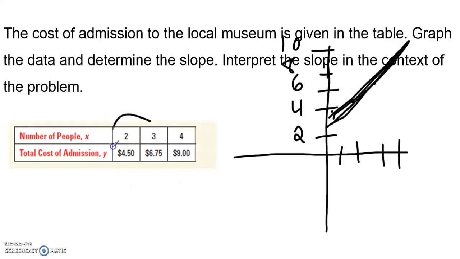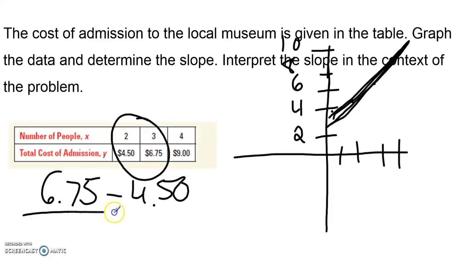So I'll pick any 2 points. I'm going to pick these 2 and I'm going to do change in y over change in x. So 6.75 minus 4.50, and then all over 3 minus 2.